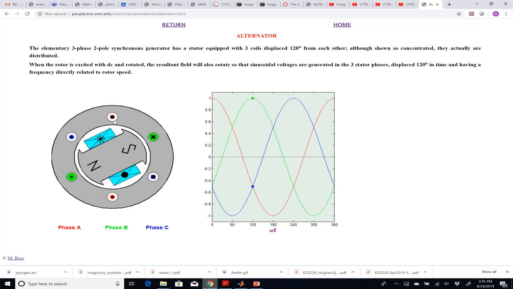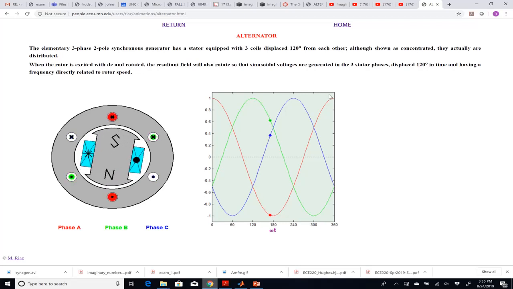The interesting thing is we see that the voltage follows a cosine shape, just like we said it would. As the rotor advances along, I can see that the voltage out of that machine changes.